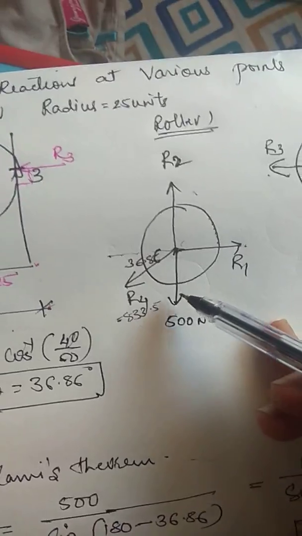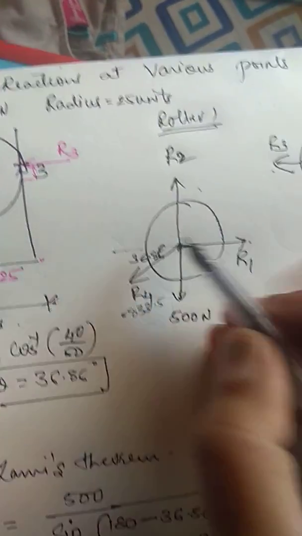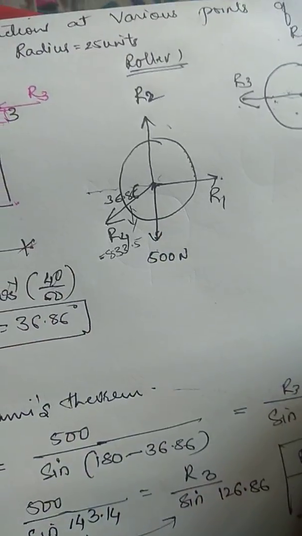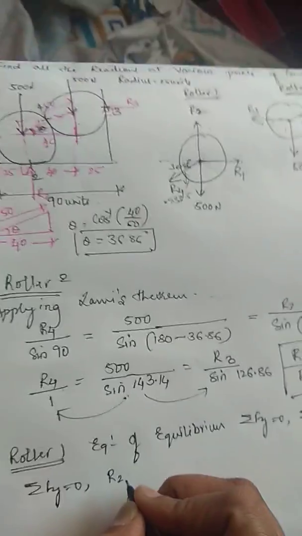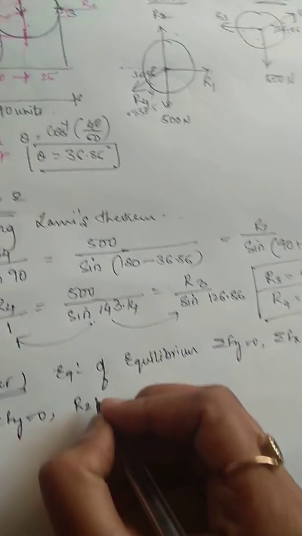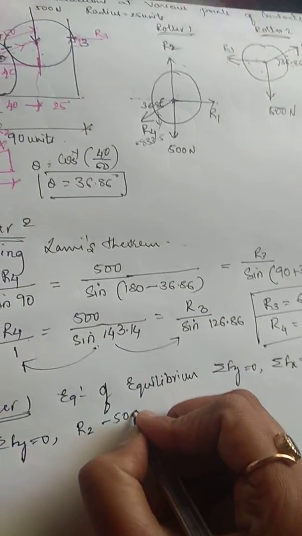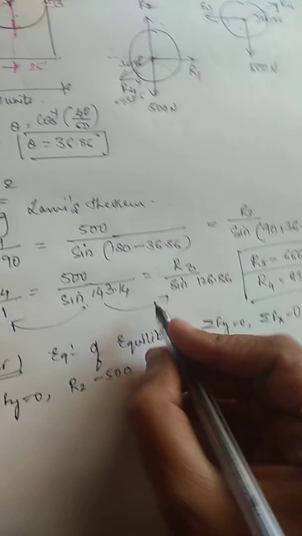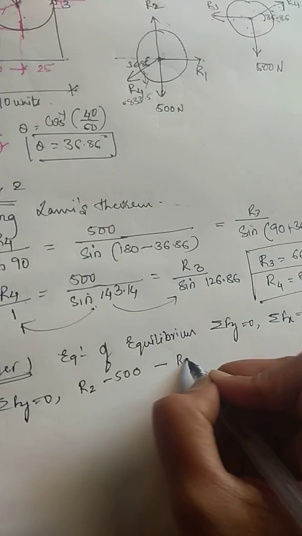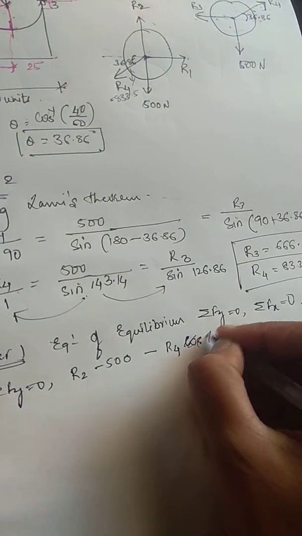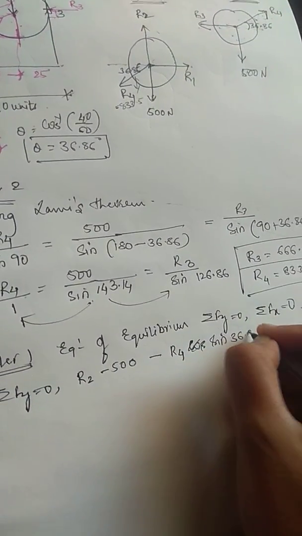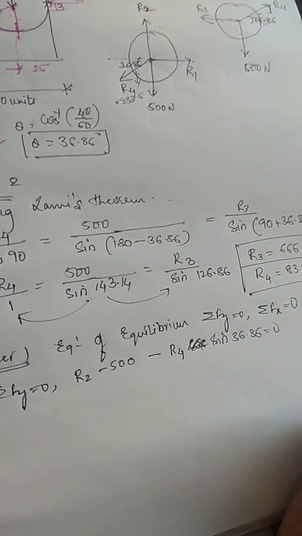Look, I have minus 500 plus R2 and a component of R4. It is positive R2, minus 500 force downward, then minus R4 sine of 36.86 equal to 0.